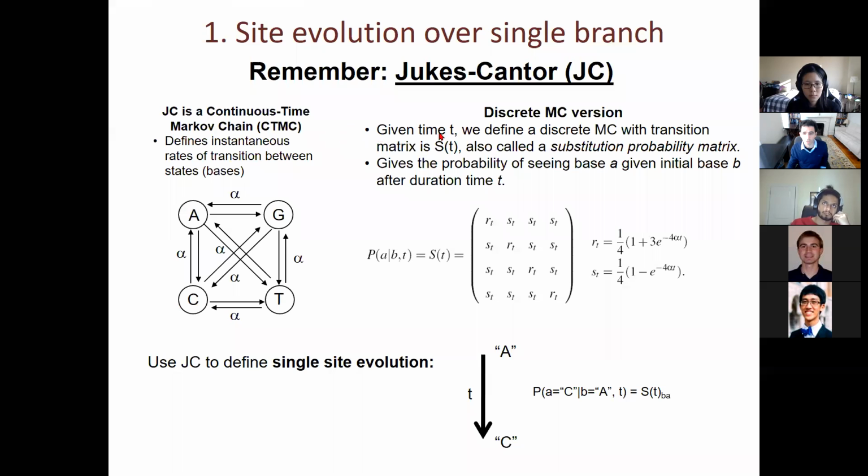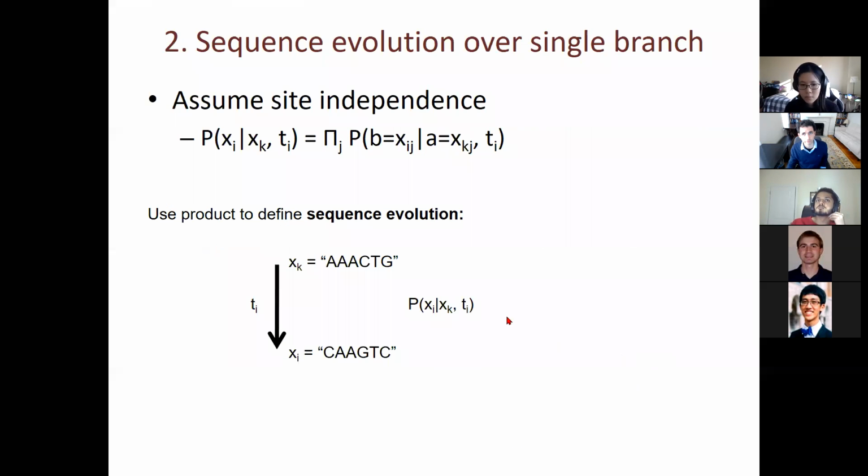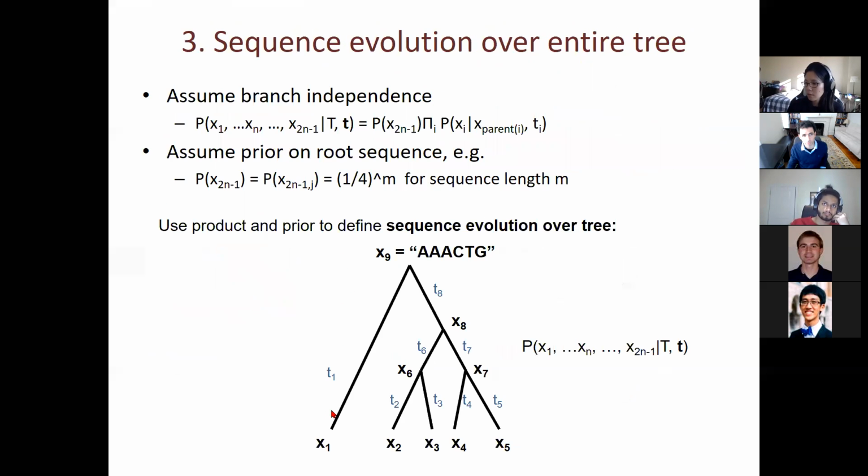Okay. So we've already talked about this Jukes-Cantor model at the beginning, where we have this asymptotic convergence to 0.25. We've talked about how to separate each column of the alignment into a product of individual bases, assuming site independence between those bases.